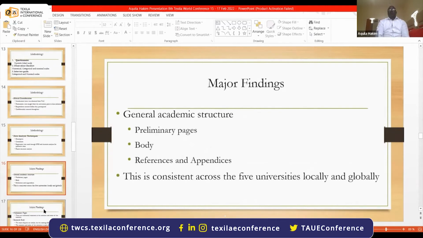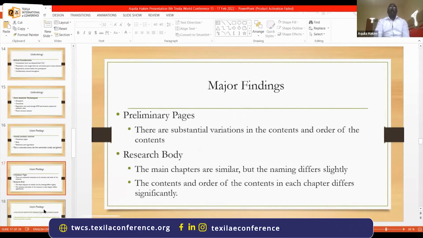Some of the major findings: general academic research has 3 components, that's the preliminary pages, the body, and the references plus the appendices. This is found to be consistent across the 5 universities. These are the 3 major structures. When it comes to the preliminary pages, there are substantial variations in the content and order of the contents.